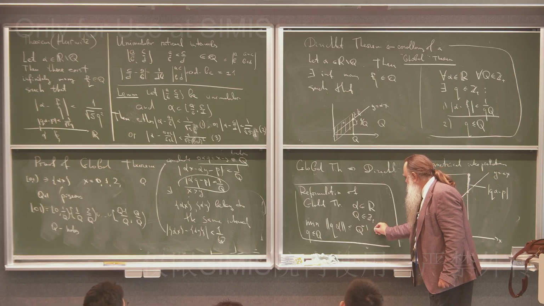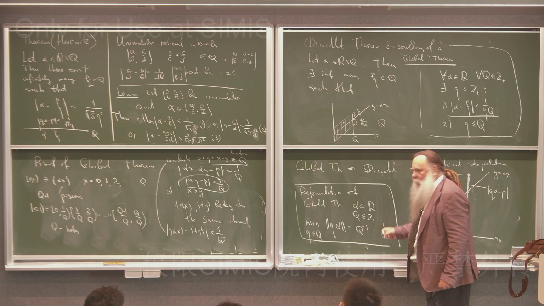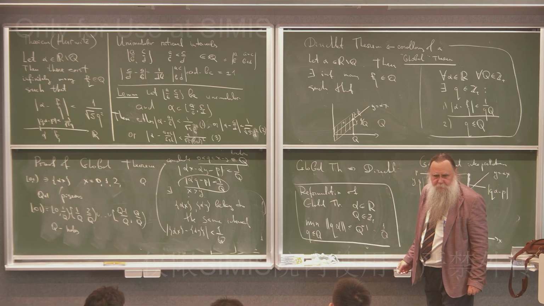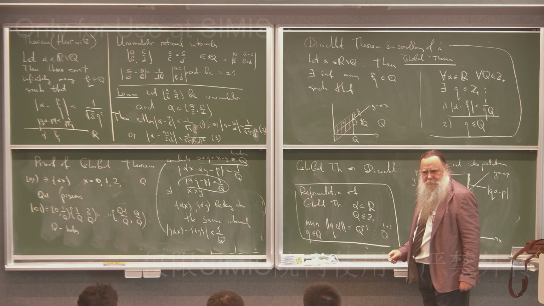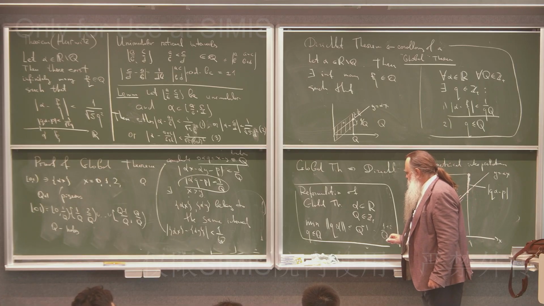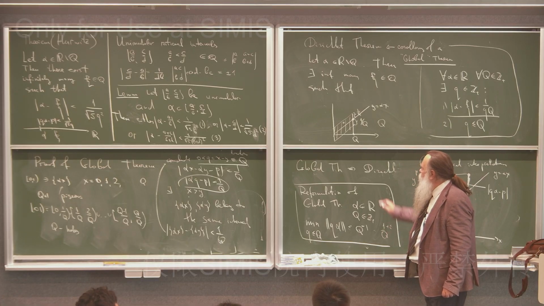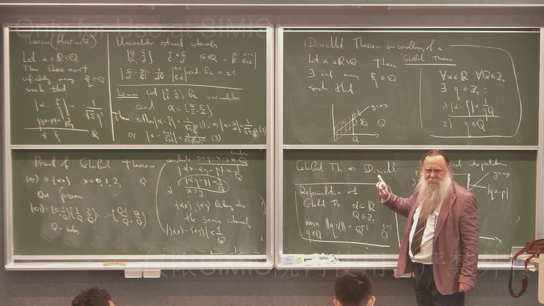Here, what is q minus 1? This is 1 over q. So 1 is a constant. It is not possible to replace this constant by 1 minus epsilon in the global setting in such a way that the result will remain valid for all q's. So this constant 1 is in that sense also optimal.